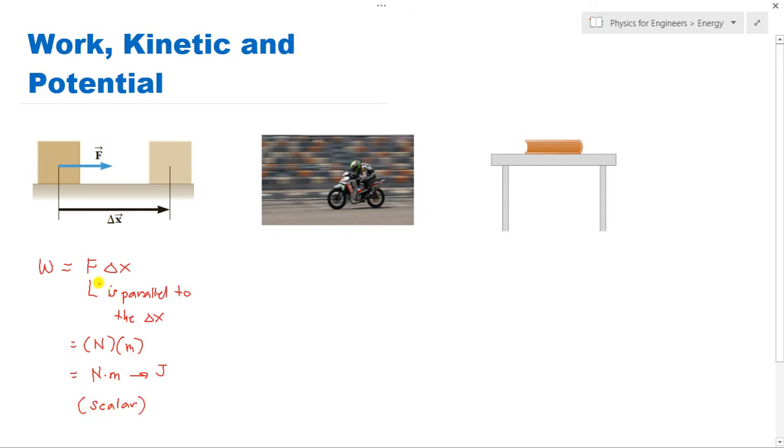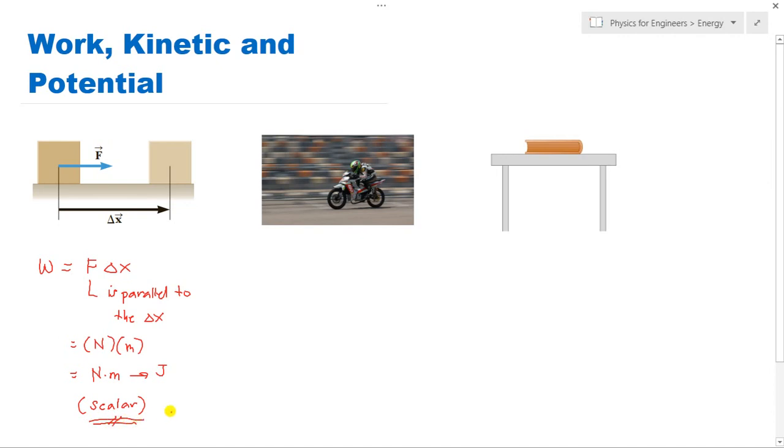Even though both the force and the displacement are vectors, the operation is a dot product, and the result of a dot product is always scalar. So work is a scalar quantity because it is an energy.